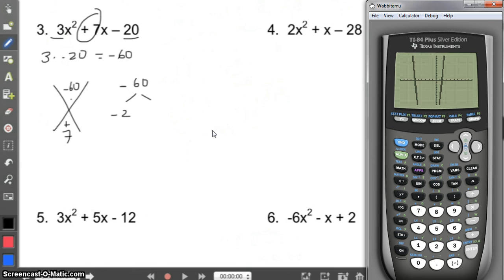So for example, negative 2 and 30, negative 5 and 12, maybe 3 and 20. Now negative 2 and 30 would give you negative 60, but they add up to something different than 7. Negative 5 and 12, if you multiply them, you get negative 60, and when you add them, you do get 7. So this is what you're interested in, negative 5 and 12.